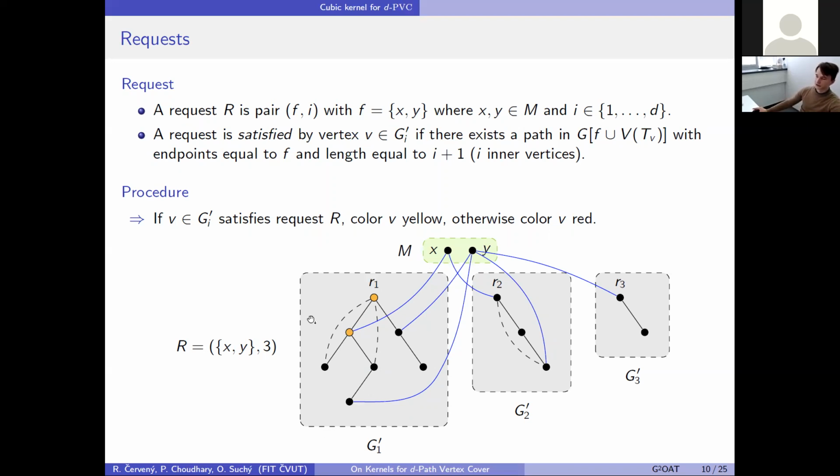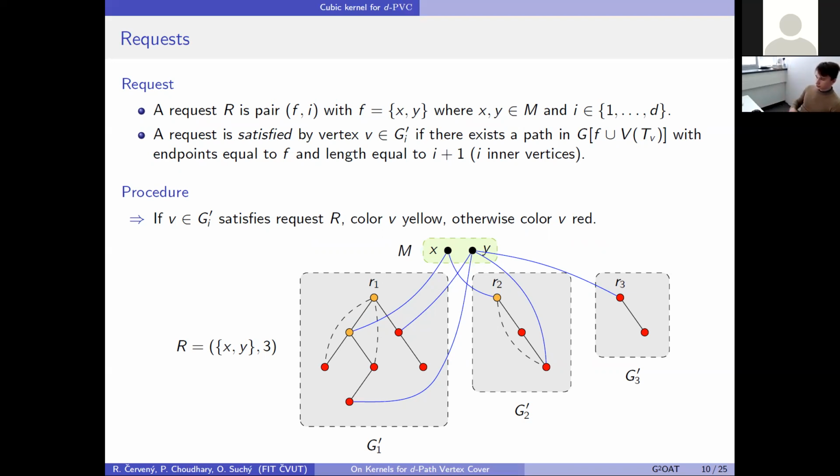Again, 3 inner vertices. For this one, it's the same. You can find this path going here to R2, then here, and then back to y. Again, a path with 3 inner vertices. And the rest will be colored red. For example, in this subtree, there is no path that connects x and y through 3 inner vertices. That's why it's colored red.